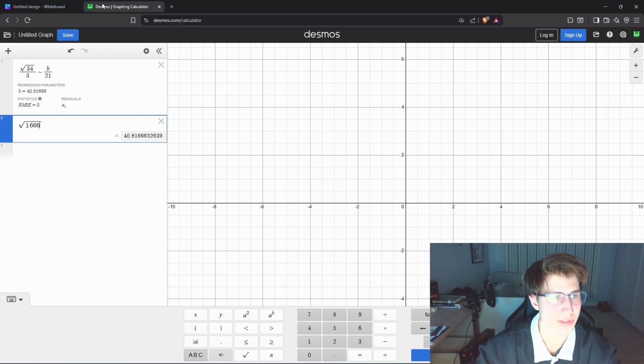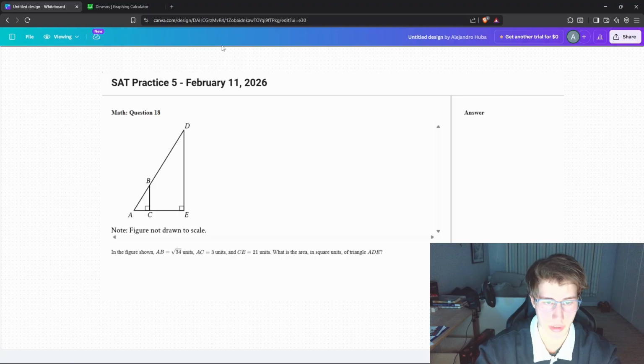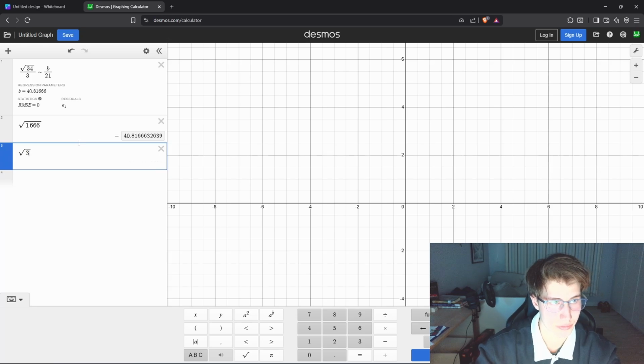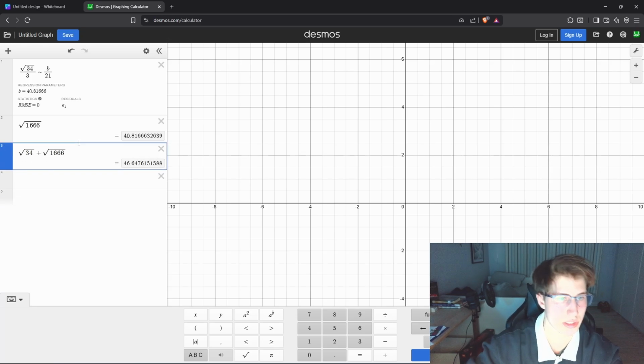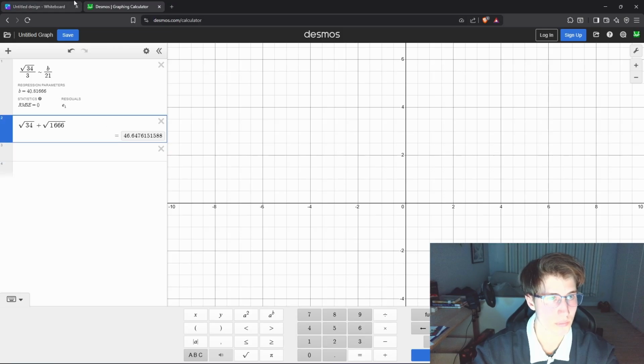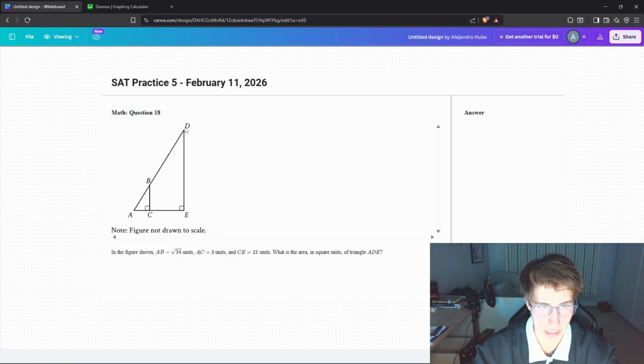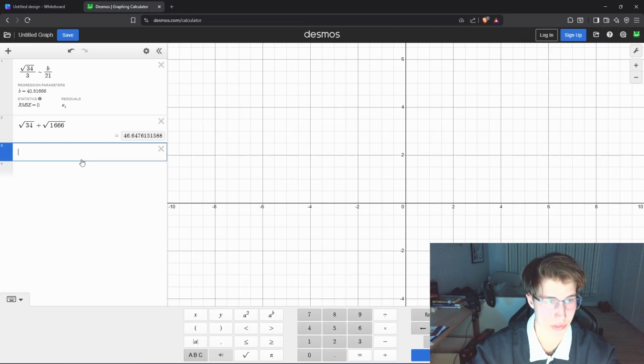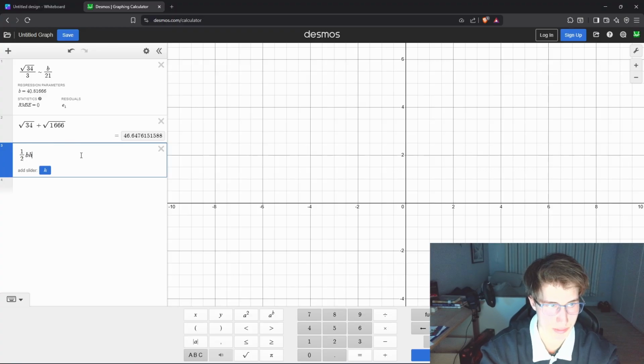Yeah, it is. Perfect. So we then know that AD is AB plus BD, which is the square root of 34 plus the square root of 1,666. And now we need to find DE, because remember the formula is 1/2 base times height.